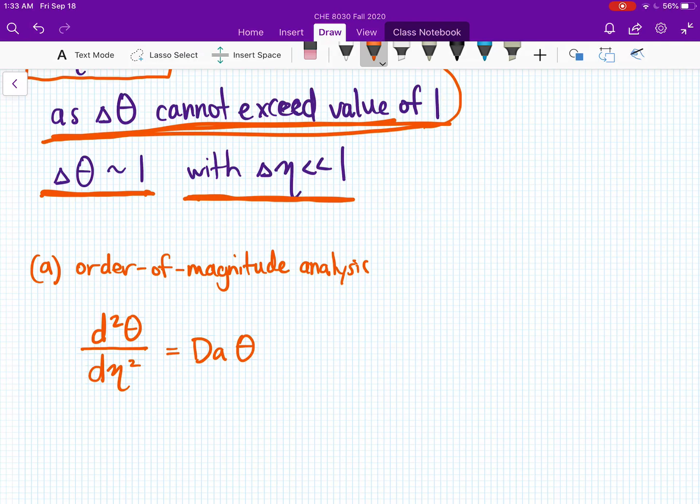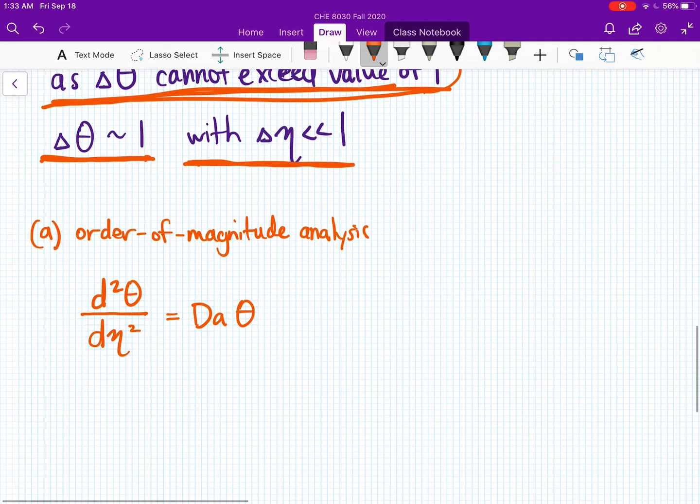But when we have an equation that has two terms, we can't neglect either one of them. Therefore, these terms need to balance themselves. So let me recast this as delta theta over delta eta squared is on the order of my Damköhler number times theta.